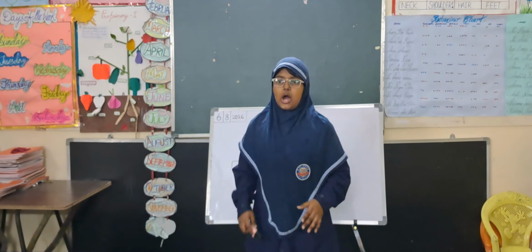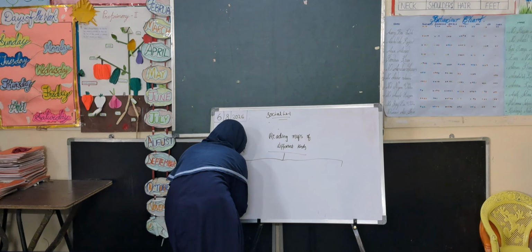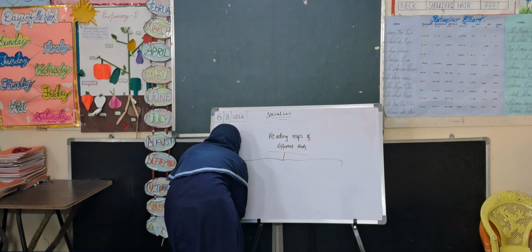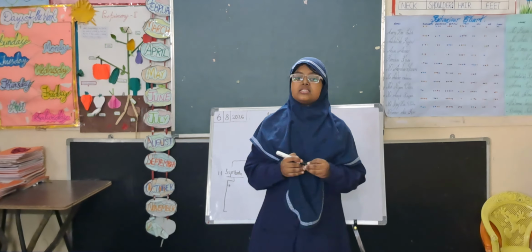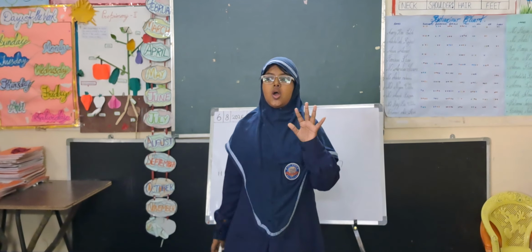So first, starting with a simple idea, we will know what symbols are. A symbol is used to show things on a map.